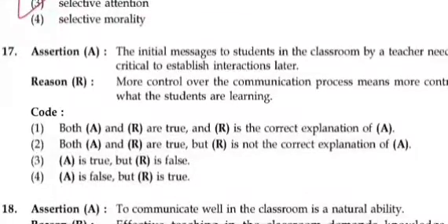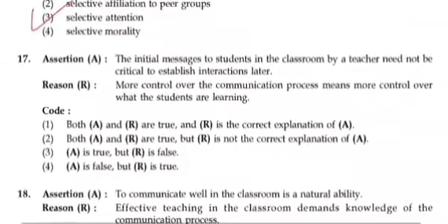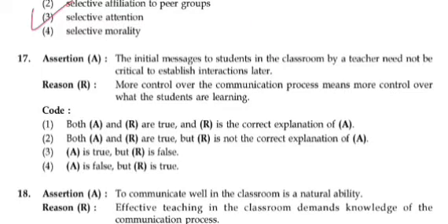Number 17, assertion A, reason R. A is saying the initial messages to students in the classroom by a teacher need not be critical to establish interactions later. Reason R is saying more control over the communication process means more control over what the students are learning.